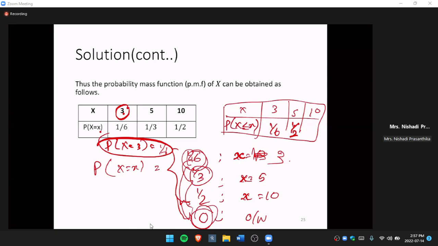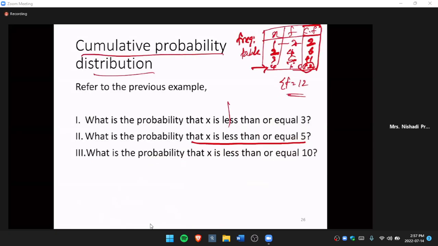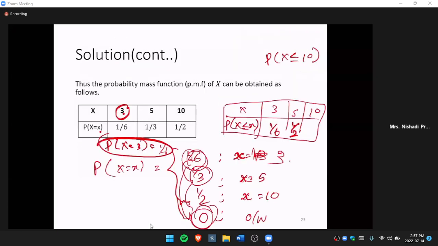Okay. So if we want to find the probability when x is less than or equal to 10, the answer for the third question, that is half plus 1 over 2, that is equal to 1.